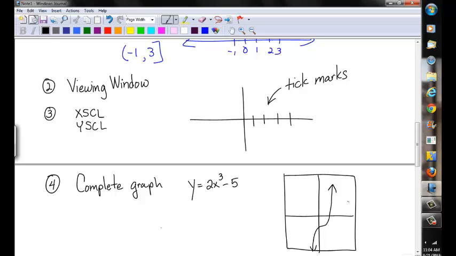Well, you got to be real careful right here. Complete graph means you've got to show all the x and y intercepts. You've got to show all the max and min points. A cubic graph is either going to look like this or it's going to open like this. So I would say, okay, I am definitely showing the intercepts, but I'm not sure right here if I'm showing all the max and min points.